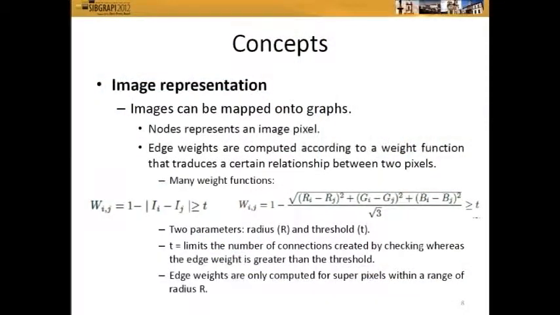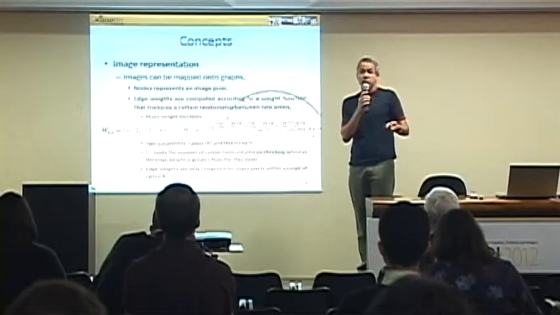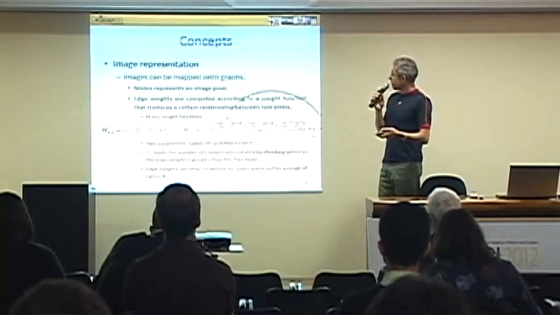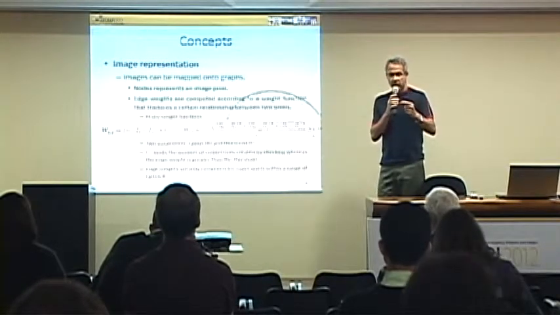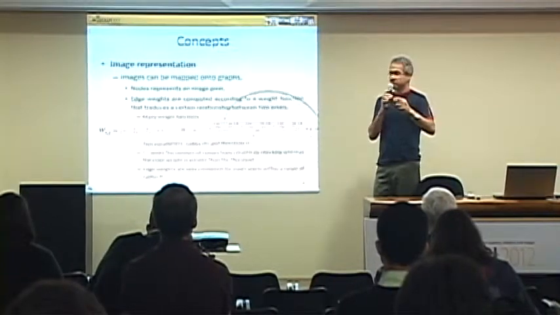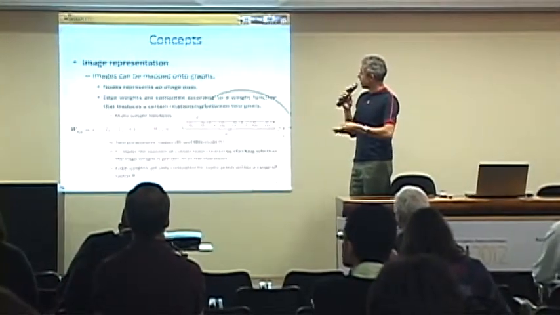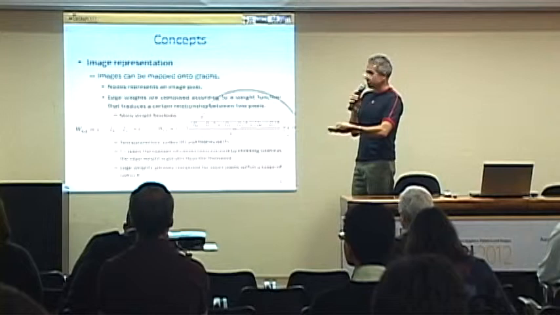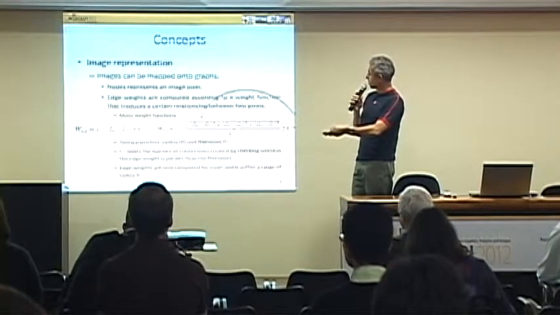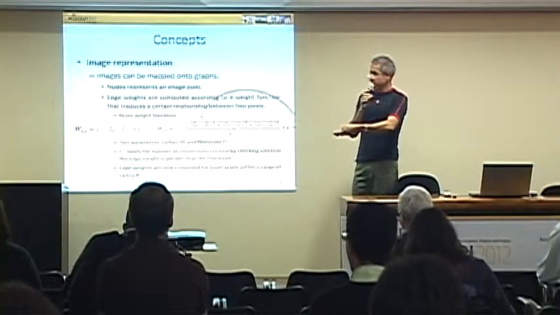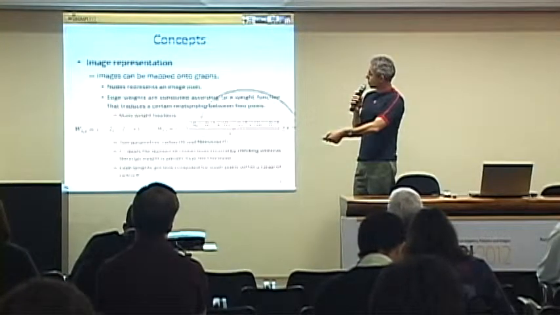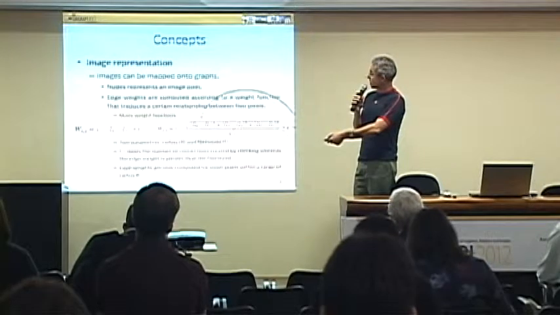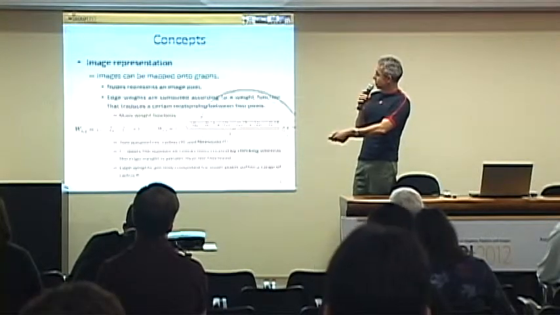Another key concept is how we compute the graph. Basically we have to provide some means of establishing the weights of the edges of the graph, and you can do it in many ways, but two very simple equations can be used. If you are dealing with a gray level image, you only consider the gray levels of each pixel.